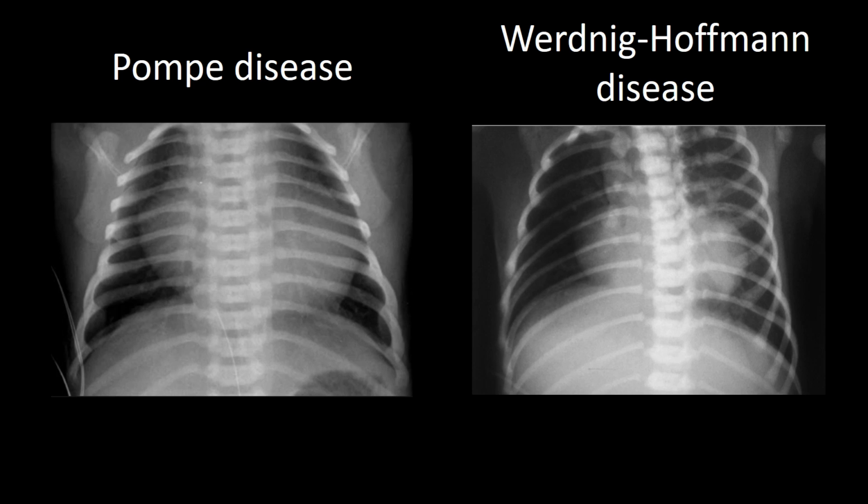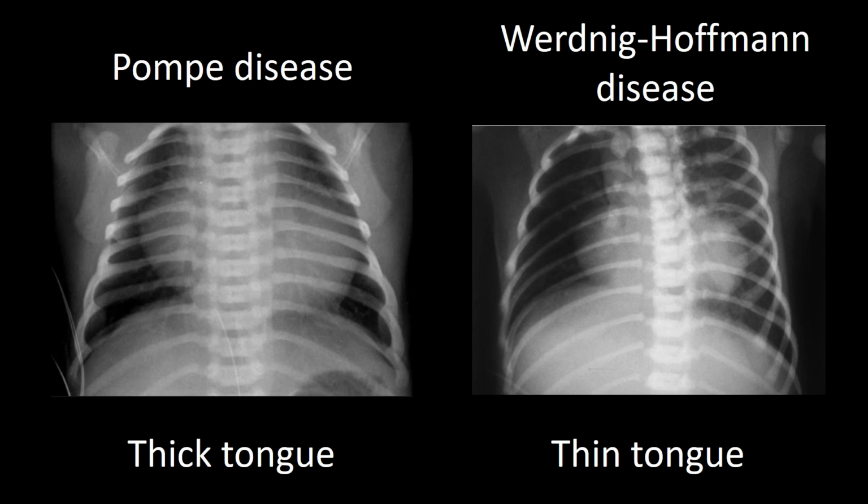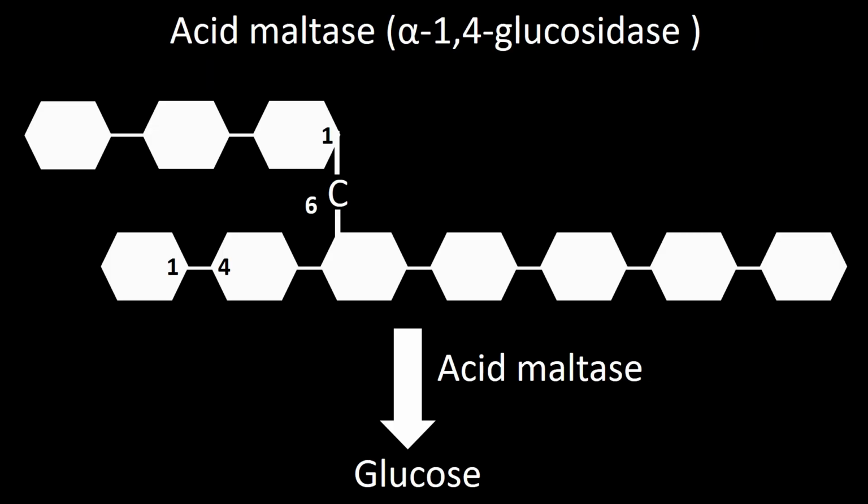The one with the large heart belongs to Pompe's disease. Infants with Pompe's disease also have very thick tongues. Infants with Werdnig-Hoffmann have thin tongues and thin hearts. The enzyme involved in Pompe's disease is acid maltase. This enzyme cleaves glycogen 1,4 linkage, freeing glucose molecules from the polyglucose structure.